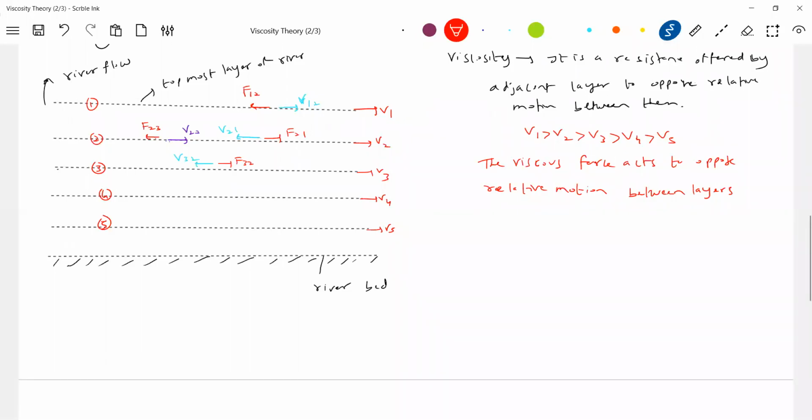Fine. So there is one condition we can put here. Next question: what does this viscous drag depend on?